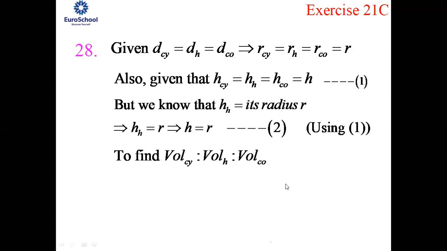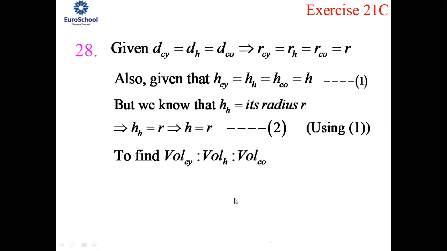Okay, so now we'll go for finding out the ratio of their volumes. So volume of cylinder is to... you should take it in the same order in which the question is given. Why I'm saying this is that if you take it in your own order, then you cannot prove the volumes are in the ratio 3:2:1.